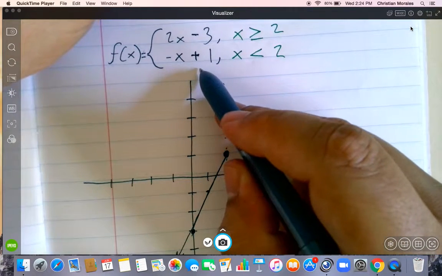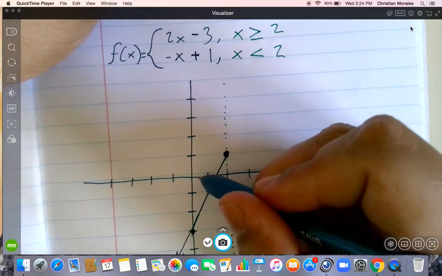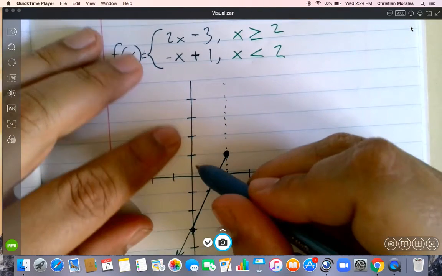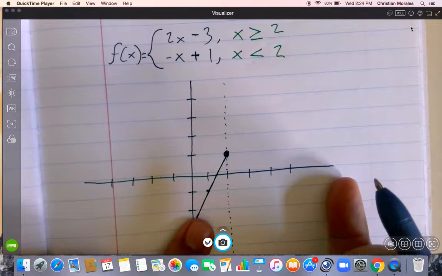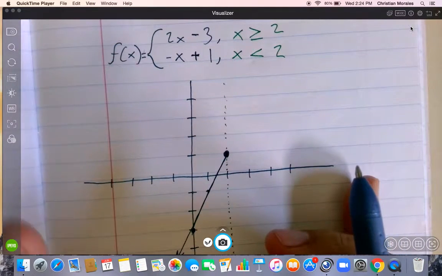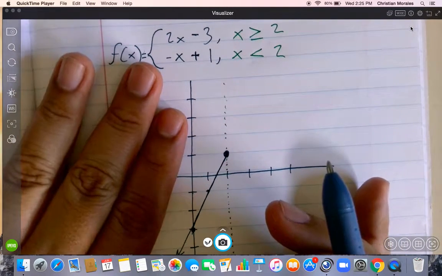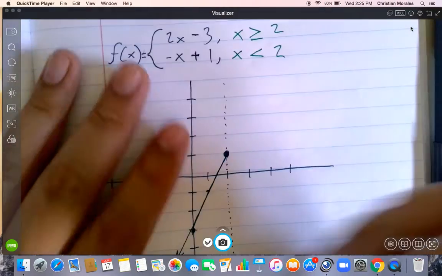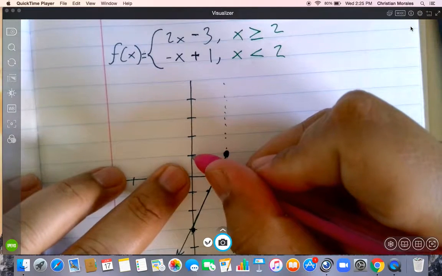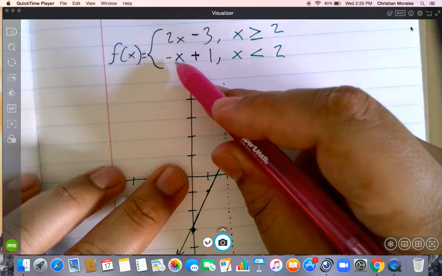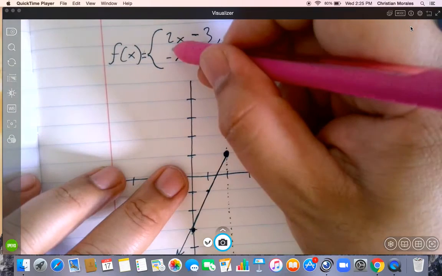Okay, the next one, +1. Now here's a problem. I'm not supposed to graph over here. I'm supposed to start over here. How do I do that? Just pretend for a second you're going to start over here. This would start at +1 over here. What kind of slope does it have? -1.